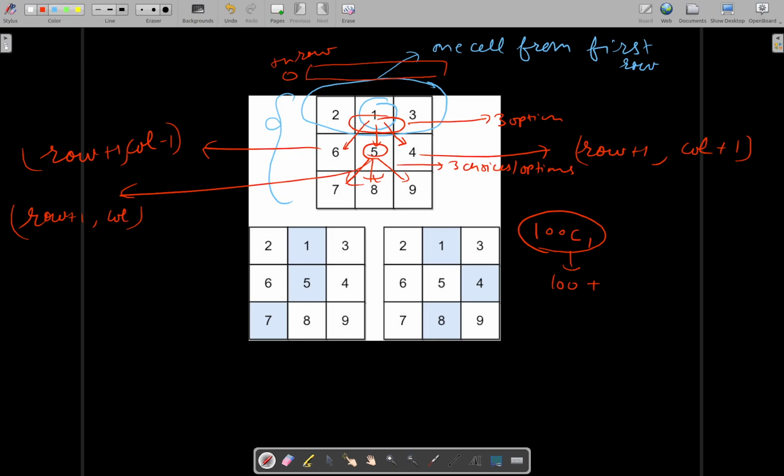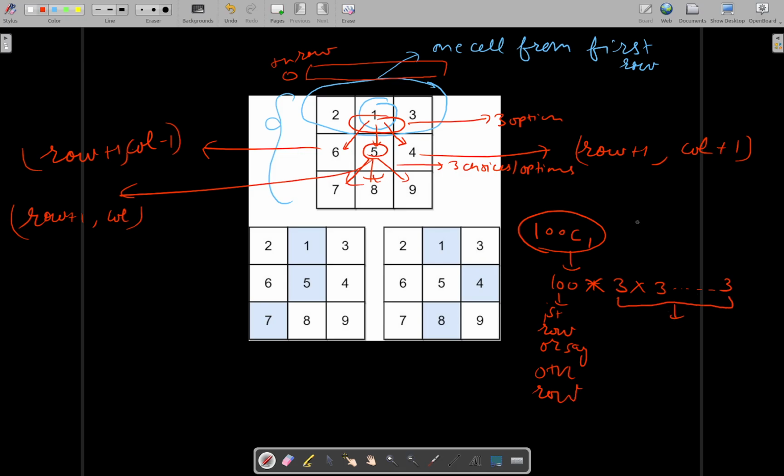Then based upon what choices you have made, you again will have 3 choices at each of the subsequent rows.